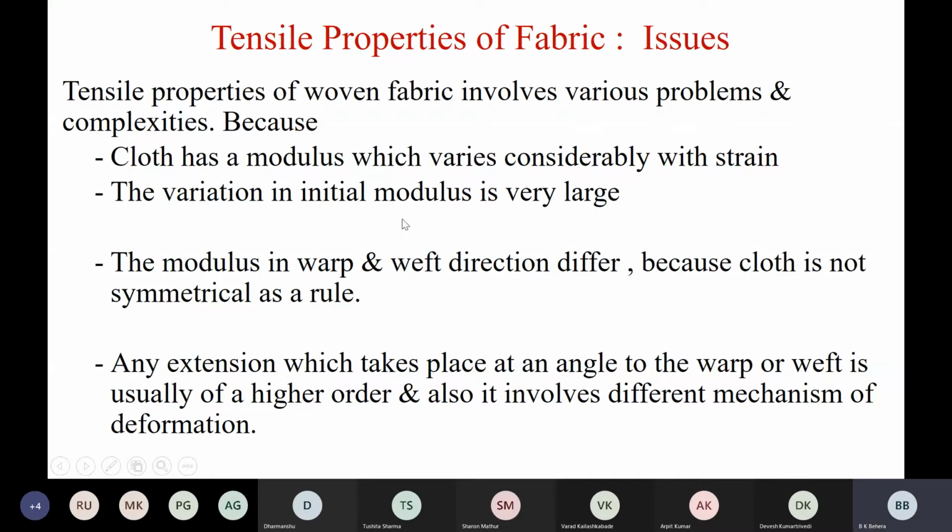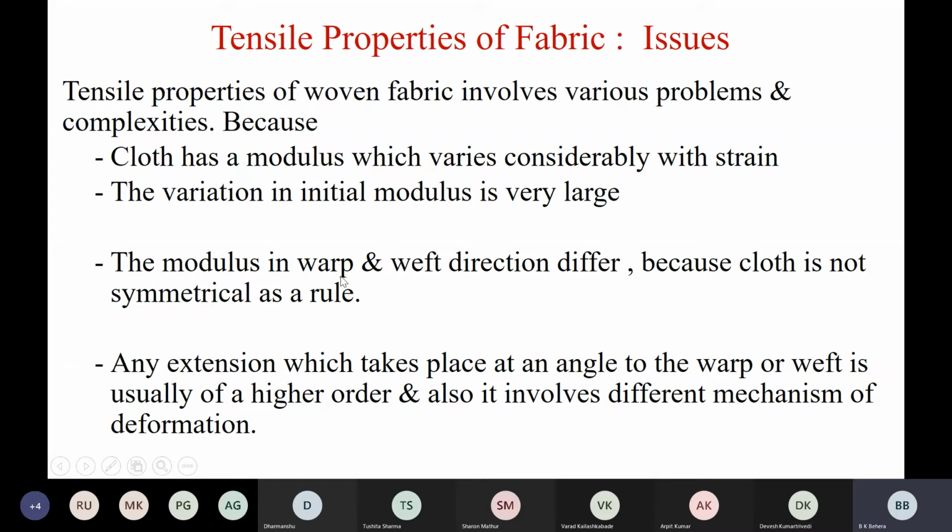When a fabric is extended either in warp or weft direction, the initial resistance to deformation varies in different fabrics. The reason is it depends on so many things. Primarily, it depends on inter-yarn friction, next on crimp in the yarn, and next on yarn mechanical properties. So to begin with, the modulus of a fabric has a wide variation.